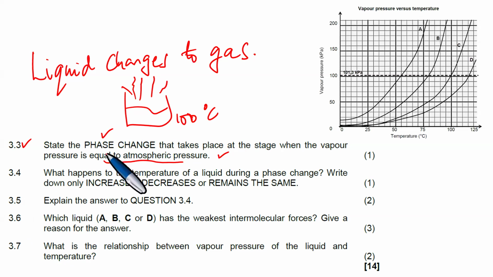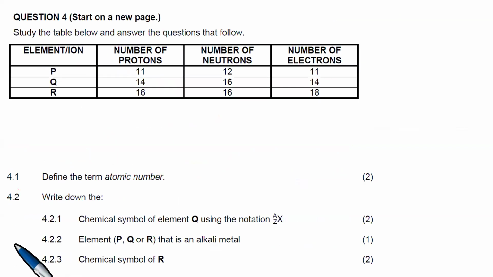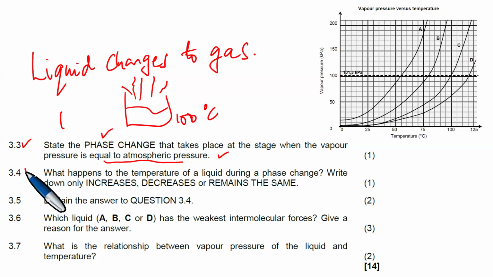Water changes from liquid to gas. That is the phase change. So the answer to this question, stating the phase change, is liquid changes to gas in 3.3. Let's look at 3.4.